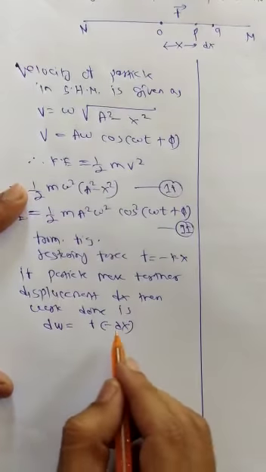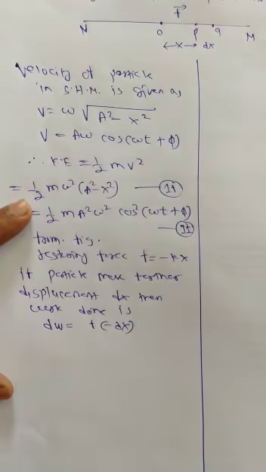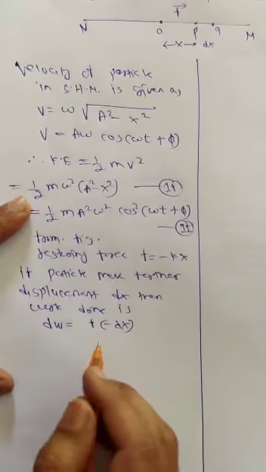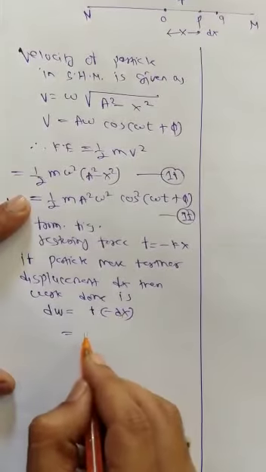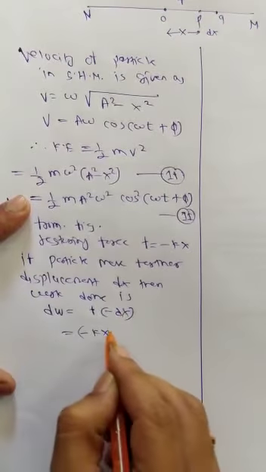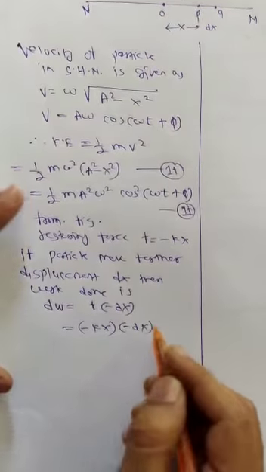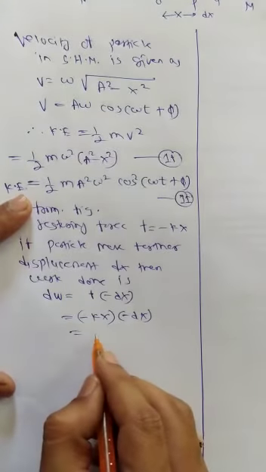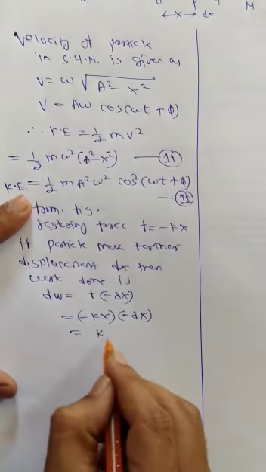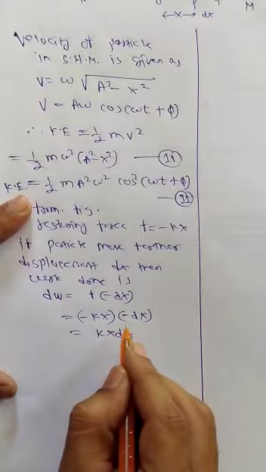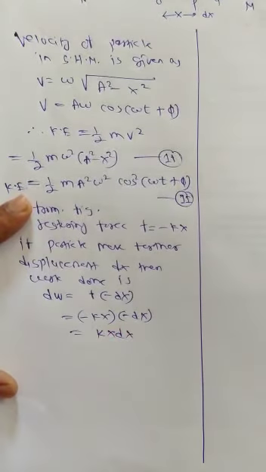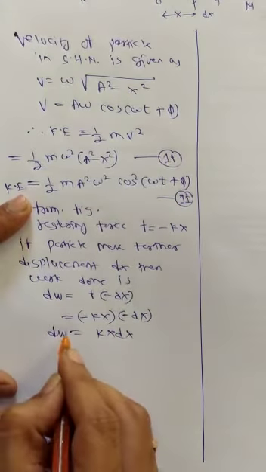Again, force and displacement are in opposite directions, but we know that F equals minus kx. So minus kx into minus dx will be kx dx. Minus minus becomes plus. So this is your work done.